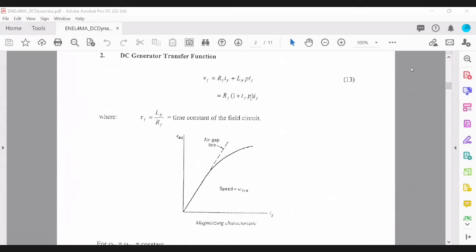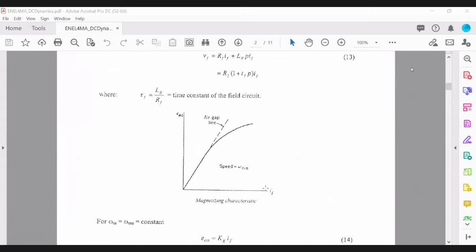So P is d by dt of this particular variable. And when you take out RF, you get this time constant TF here, which is basically the ratio of LF over RF, the time constant of the field circuit.